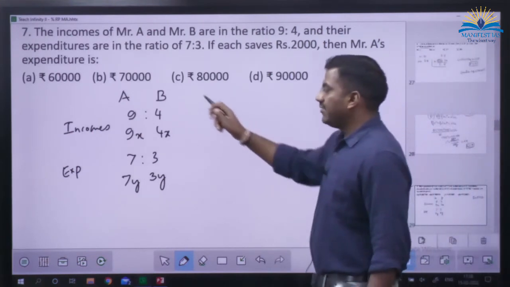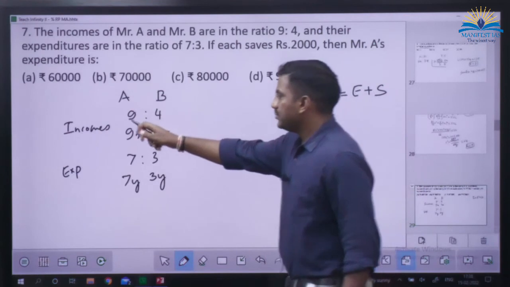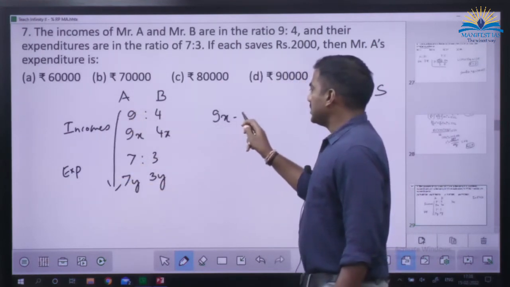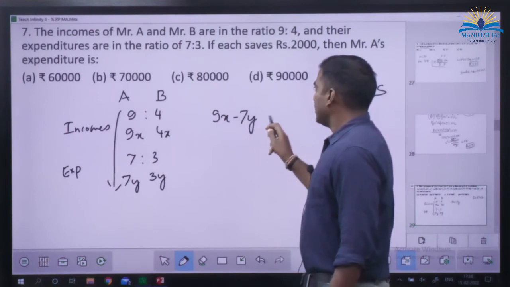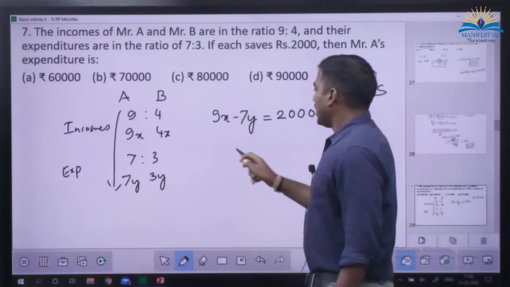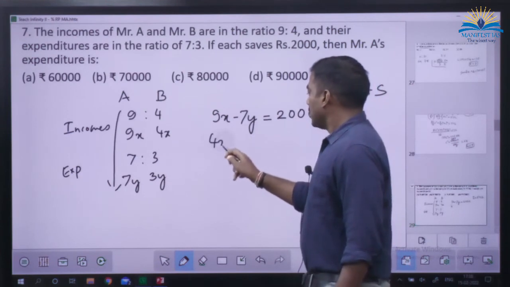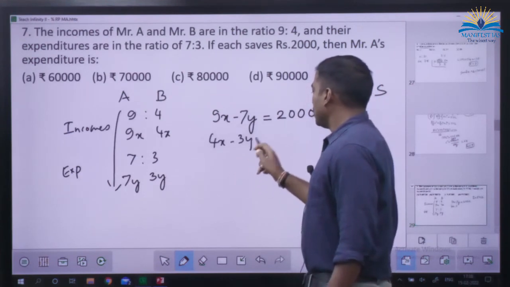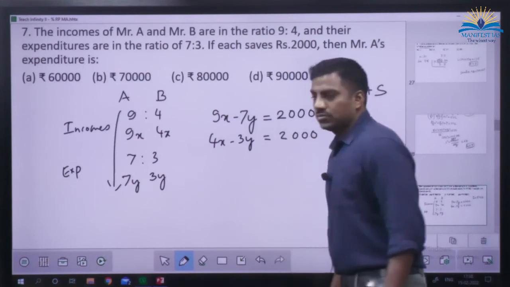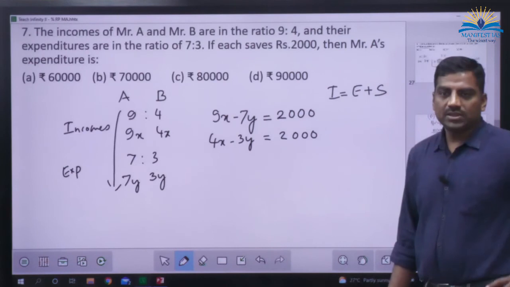So let us find their savings. A's savings: 9x minus 7y is equal to 2,000, and 4x minus 3y is equal to 2,000. Yes or no? Sure?